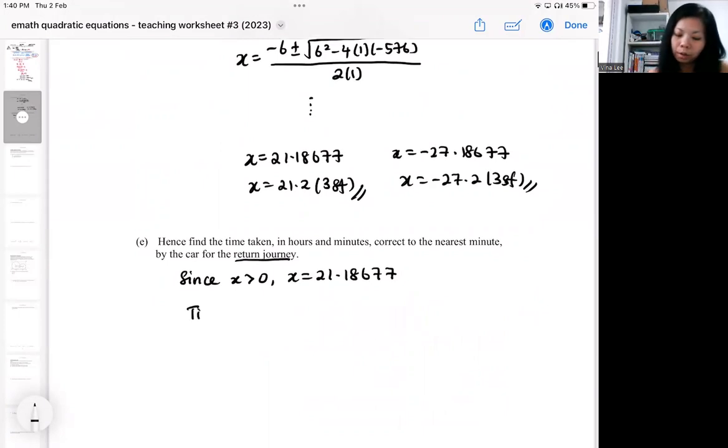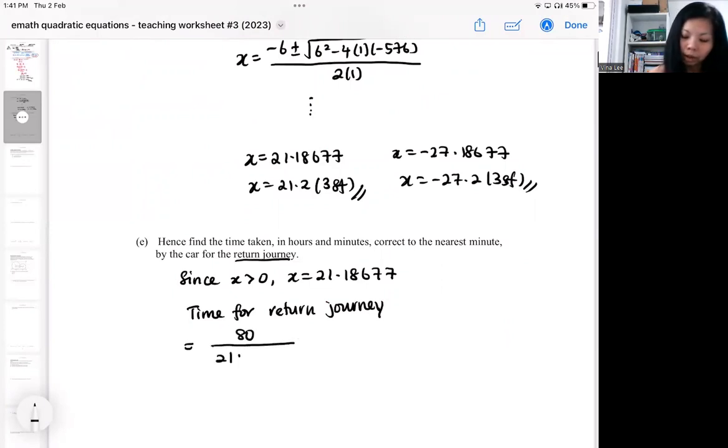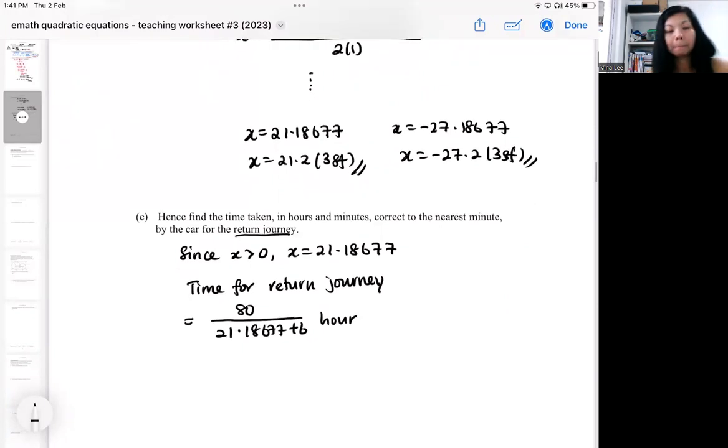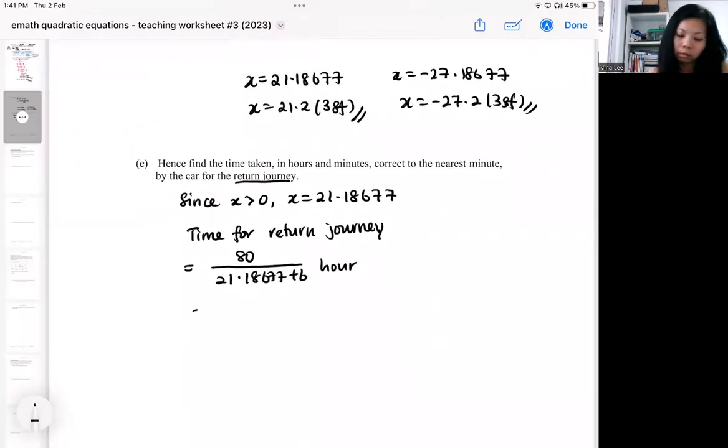Then from there, I calculate the time for the return journey. Okay, so usually it's quite easy, but the conversion can be a problem for some of you. Okay, so look here. So you just punch the calculator. Again, you will get a chain of decimals.